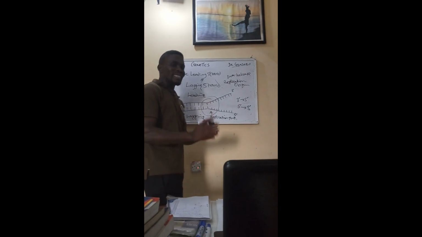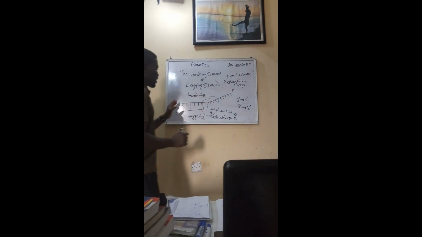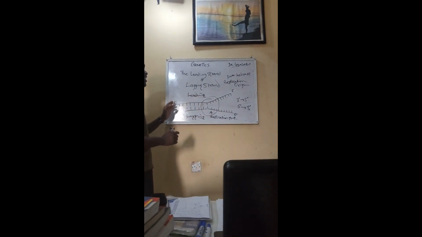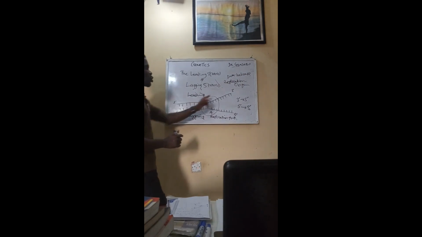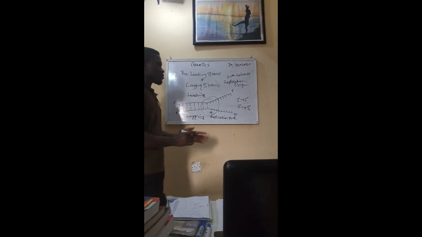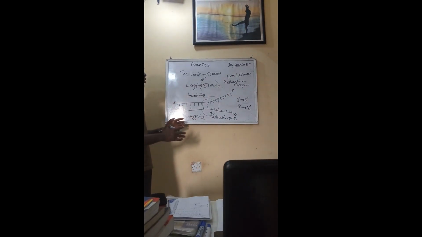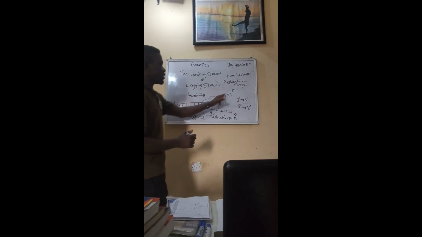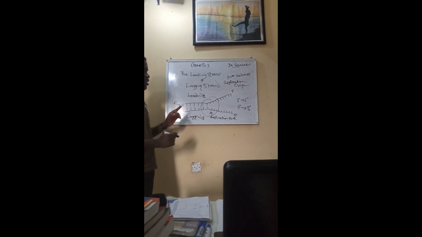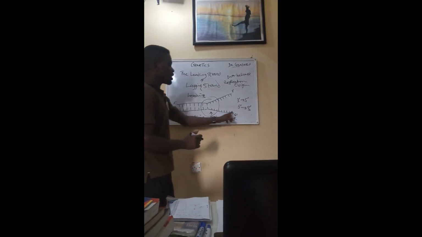So having said this, because DNA replication can only take place in the 5 prime to 3 prime direction, the direction in which synthesis will be taking place on this strand will be different from the direction on this strand.